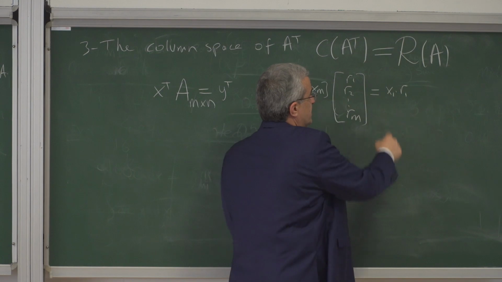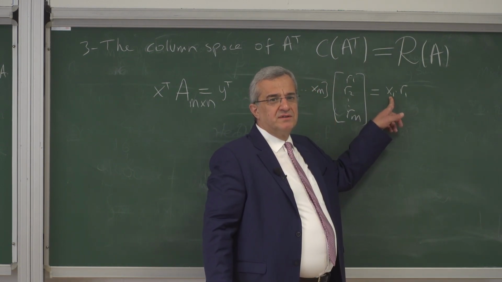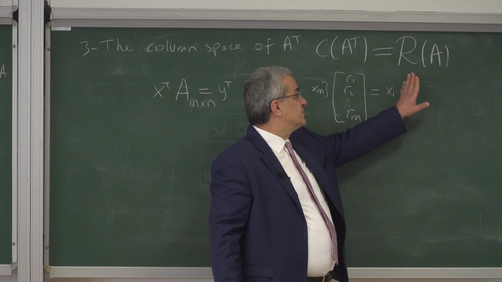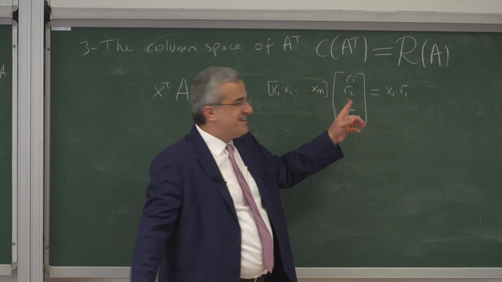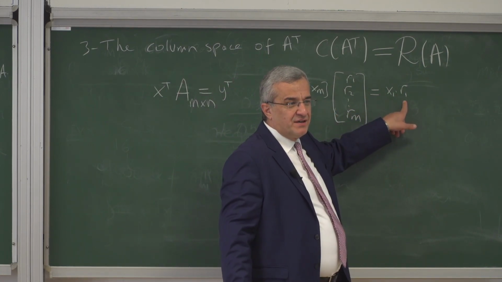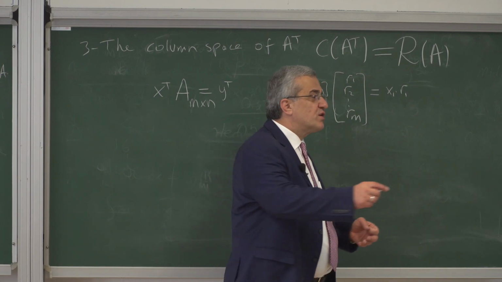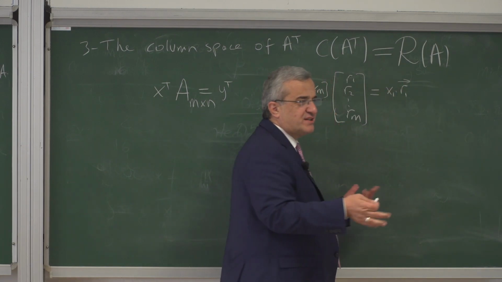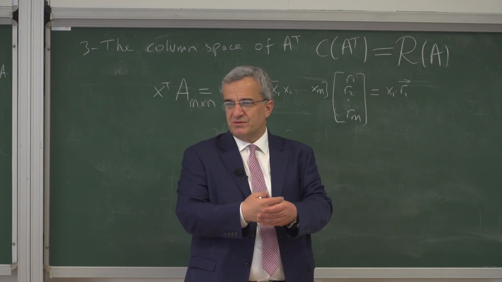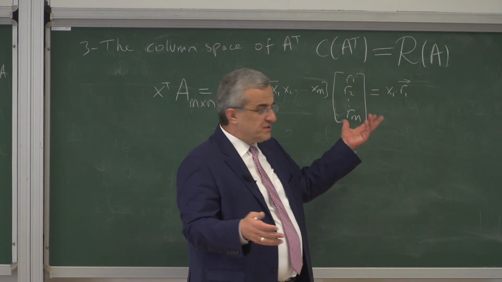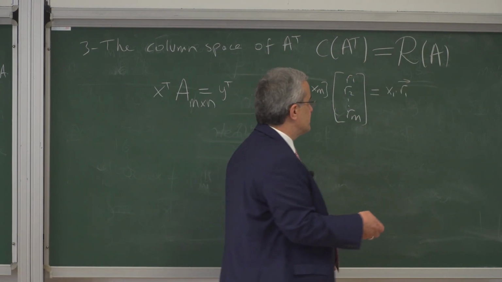Is this a vector or scalar? x1, just this number, is a scalar, right? And r1 is a row vector. We used to write arrows on these, but we are not writing them because it should be clear to any linear algebra or engineering student from the context what it is. Otherwise, we could just keep writing all these arrows.